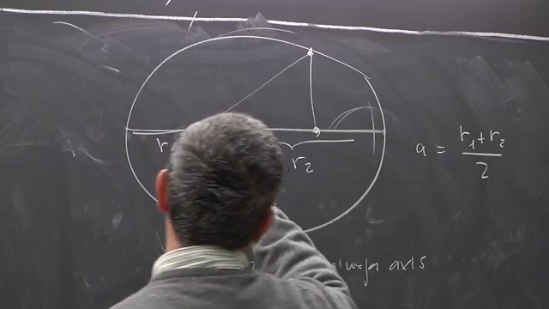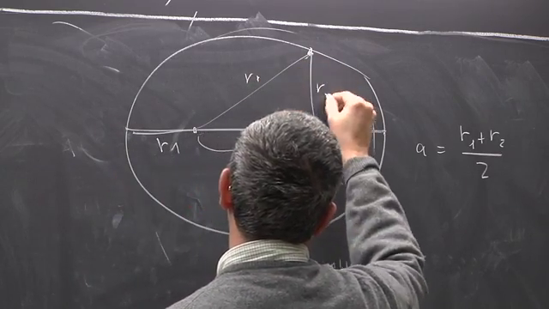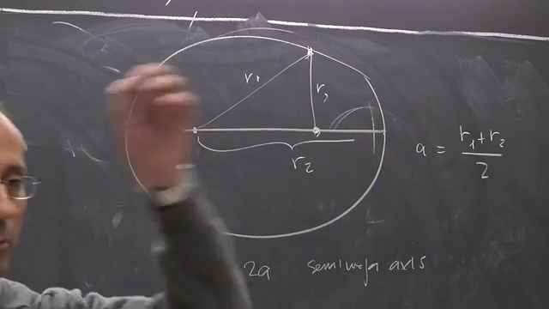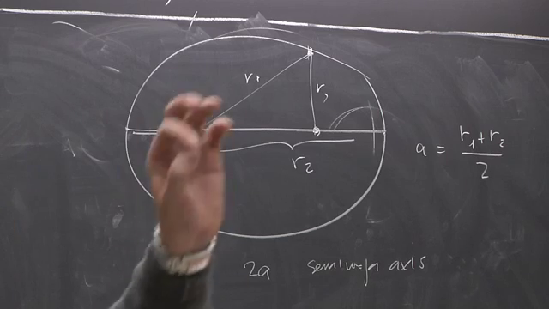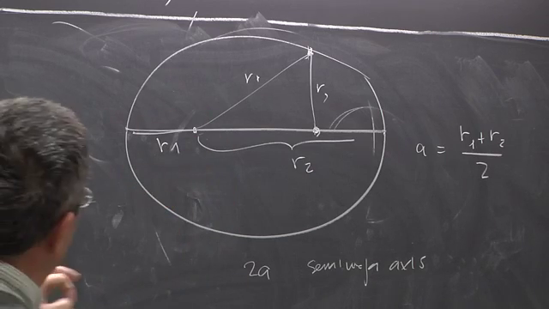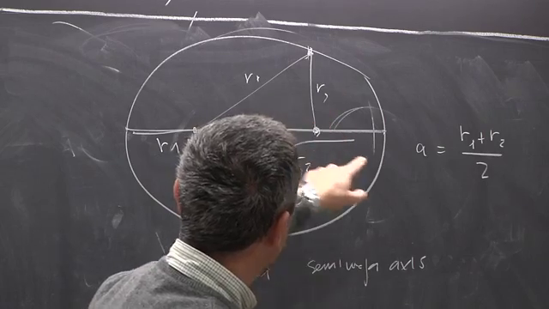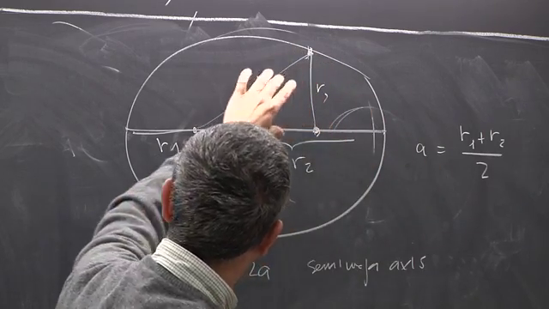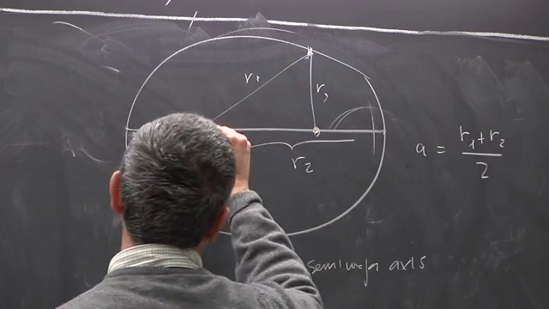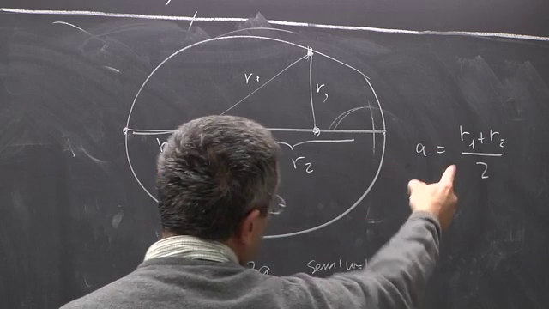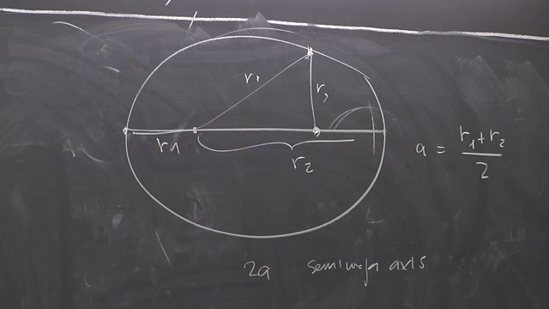Where R1 and R2 are the distances of your body moving around with respect to the first of these two foci and the other one, okay? And you understand that this is true because if you take this very special case in which you are here, this is obviously true.